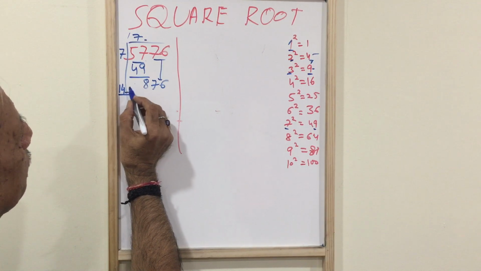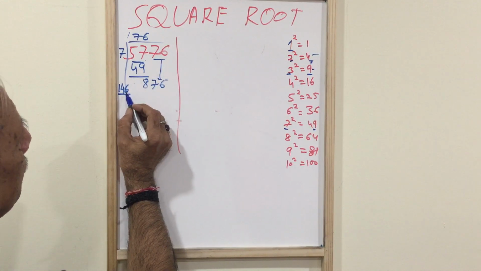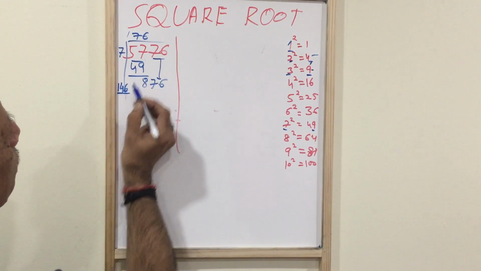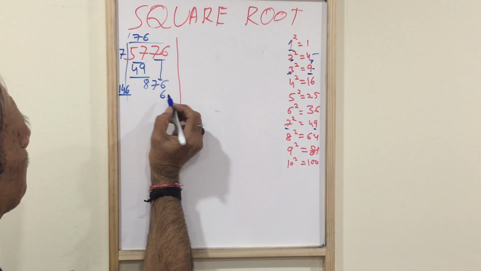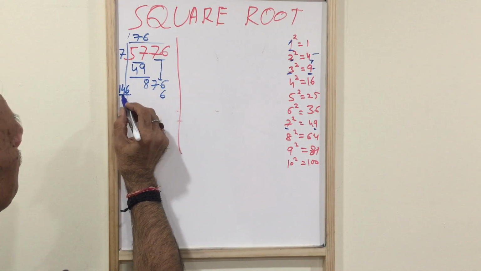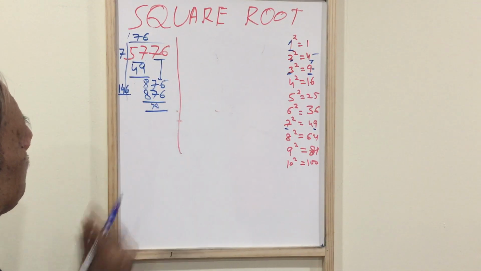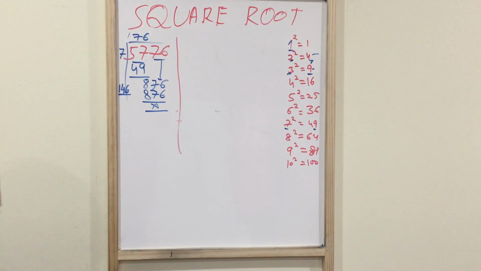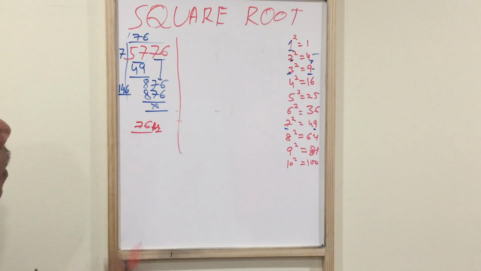We write 6 here also and multiply the whole thing by 6. 6 times 6 is 36, and this comes to 876. So 76 is the square root of this number. That is the answer.